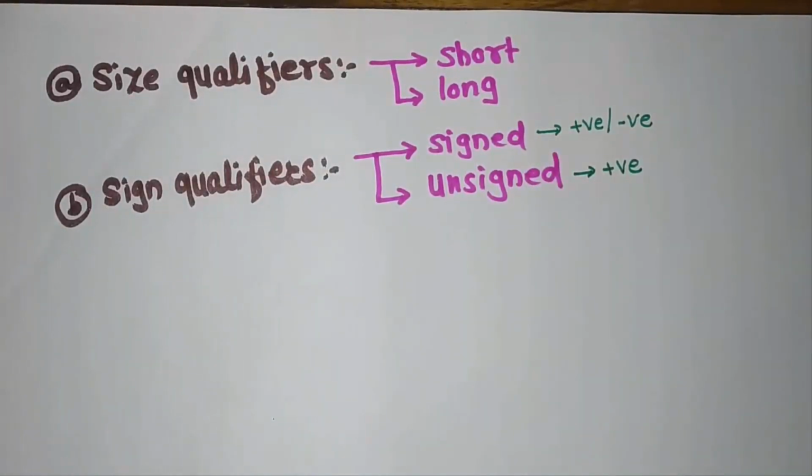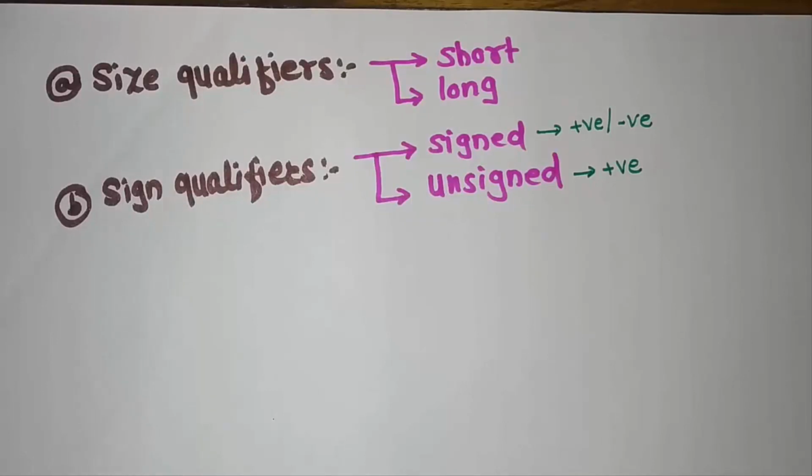If a sign qualifier is not mentioned for integers, then by default signed is assigned. If a sign qualifier is not mentioned for character type, then whether the character type is signed or unsigned is machine dependent. The range of values for signed type is less than that of unsigned type.